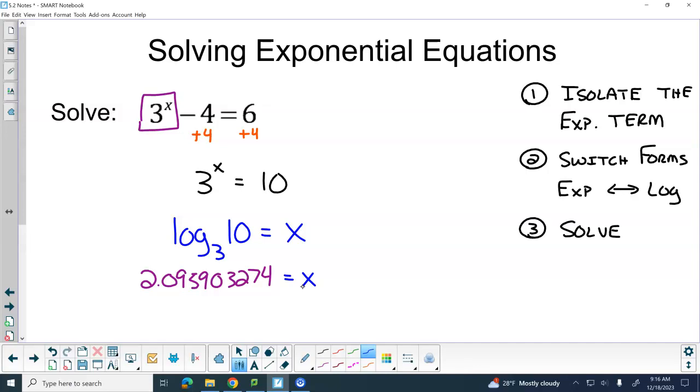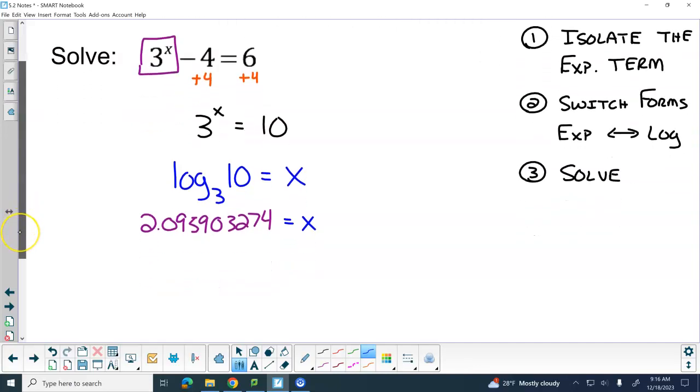Okay? So the answer here would be, rounding to 3 decimal places, 2.096.